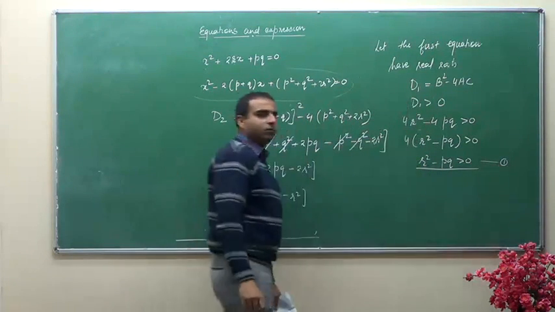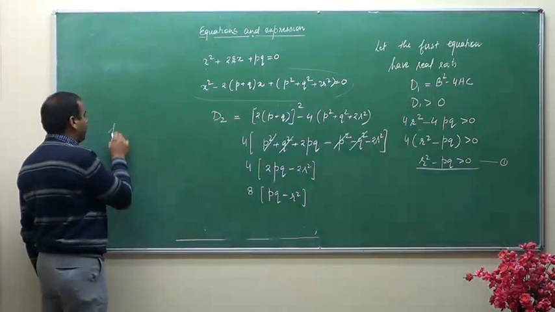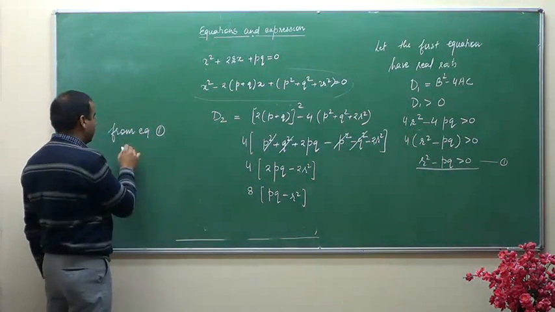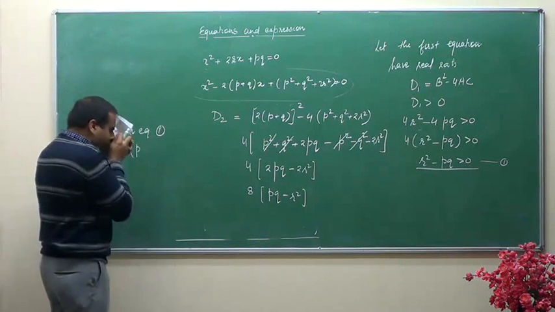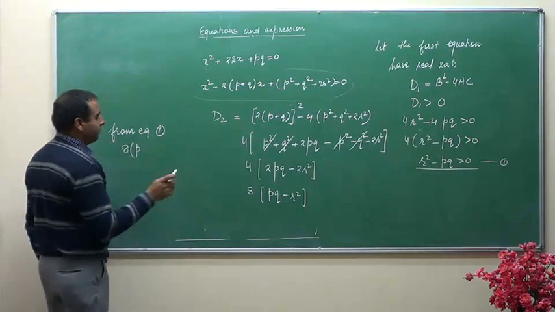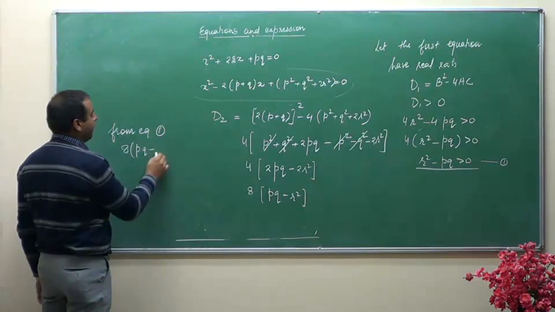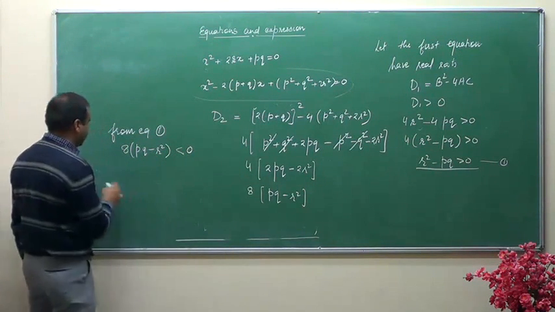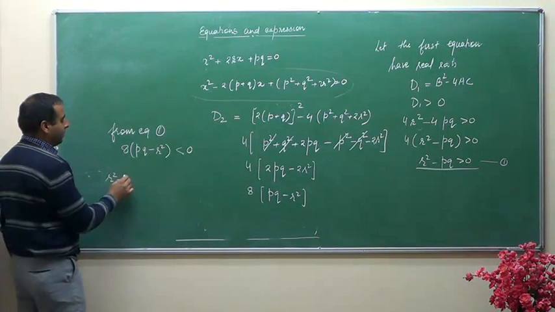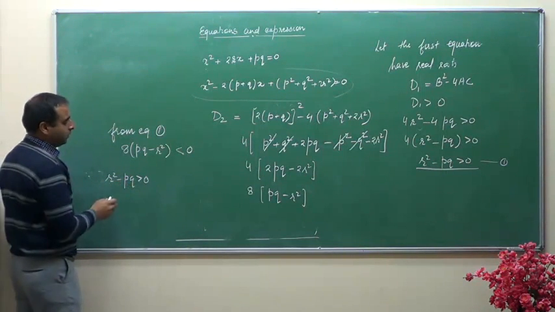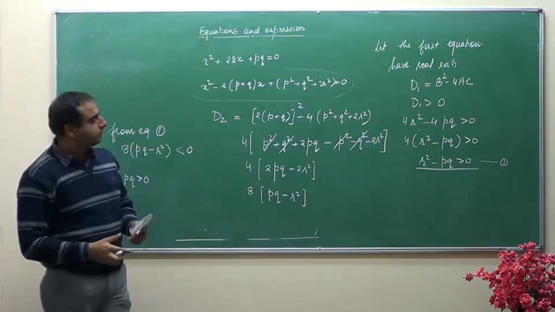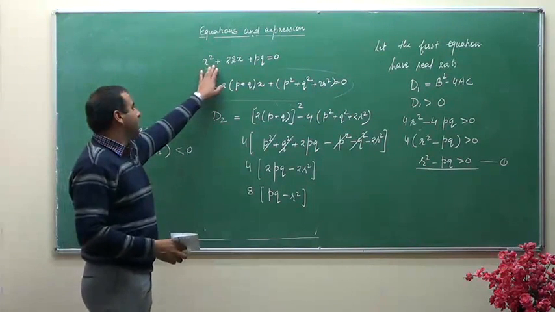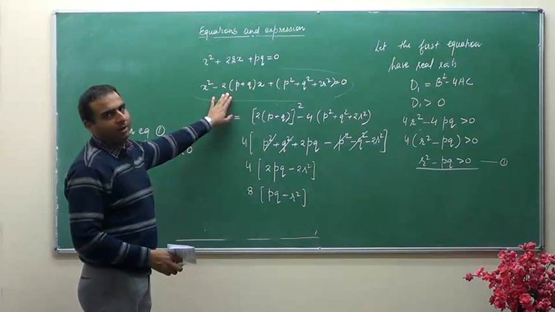That is equation 1. So from equation 1, 8 times (pq minus r square) should be less than 0, because r square minus pq is greater than 0. So we have seen if this equation has real roots, then the other will have imaginary roots.